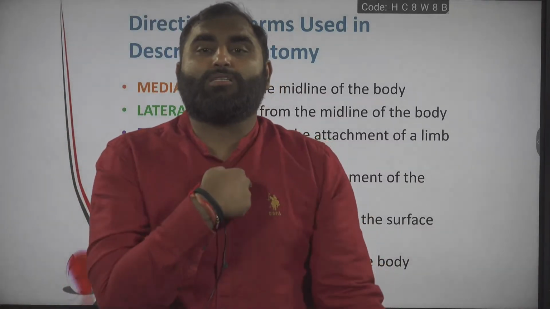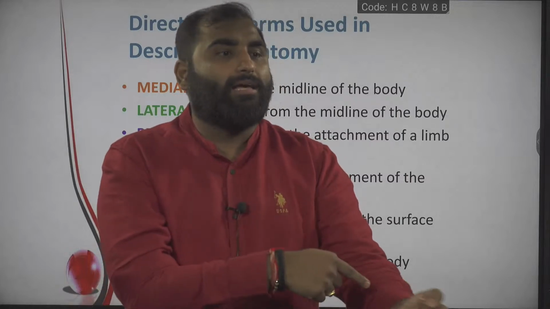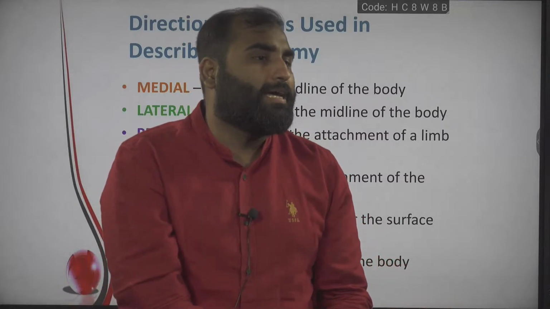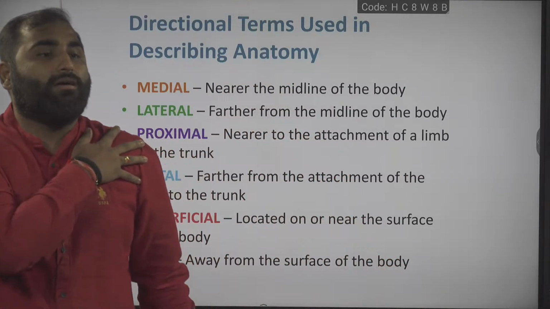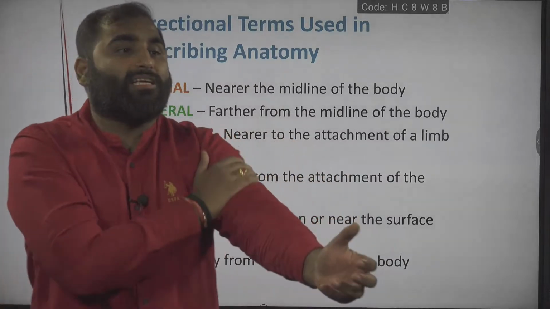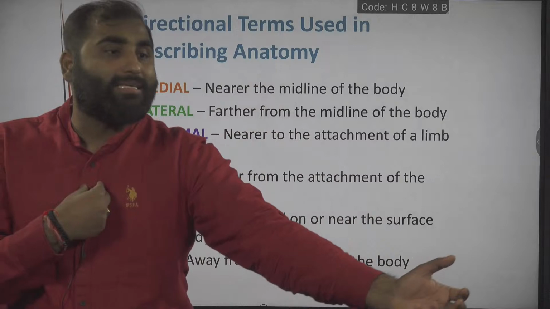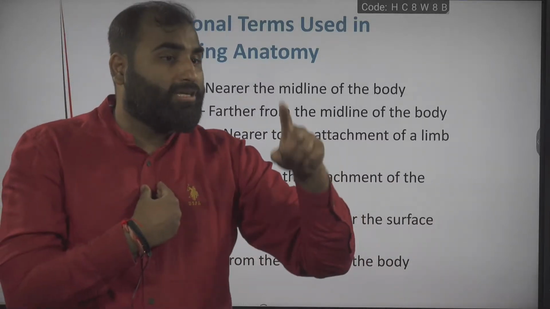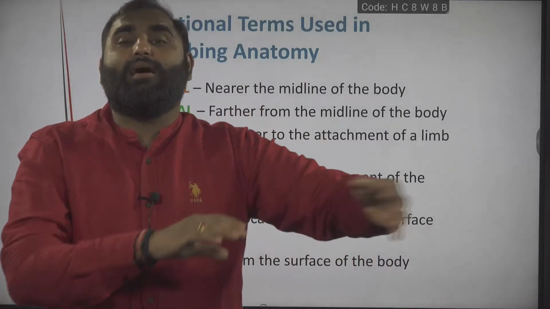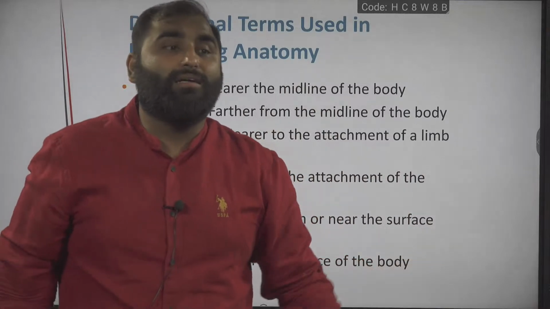Is the humerus proximal to your body, or is the radius or ulna proximal to your body? Which is nearer to the trunk? More near to the trunk is your humerus bone. That is your proximal. And the radius and ulna, a little far away, they are distal.